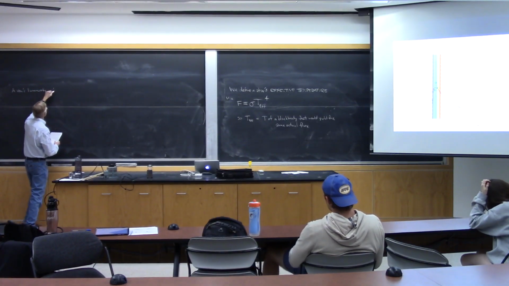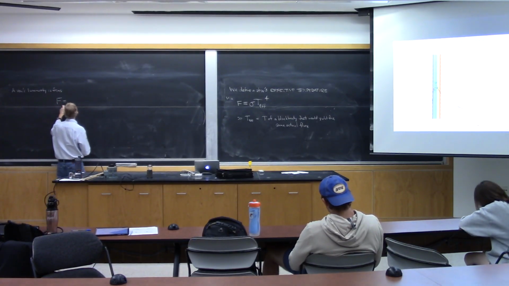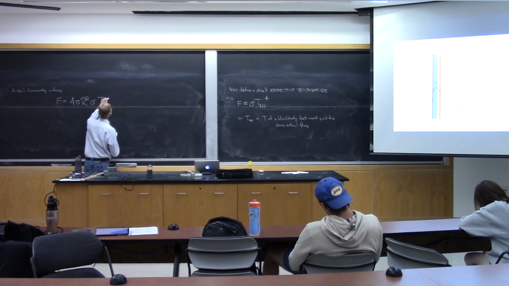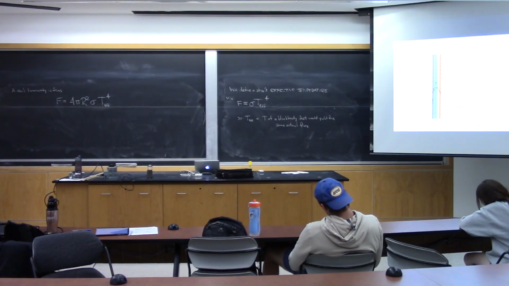A star's luminosity is thus L equals 4 pi r squared sigma Tef to the 4th.